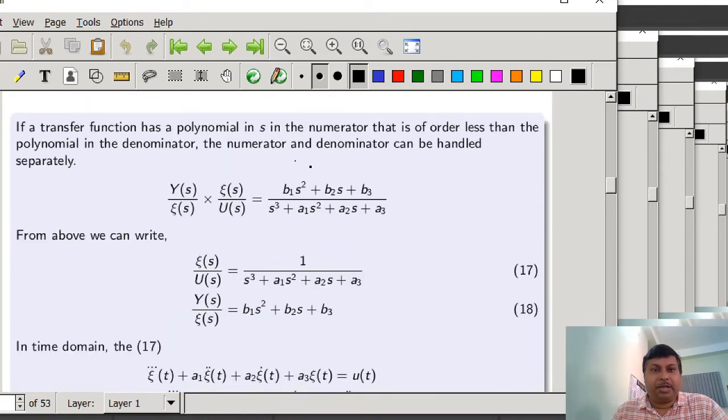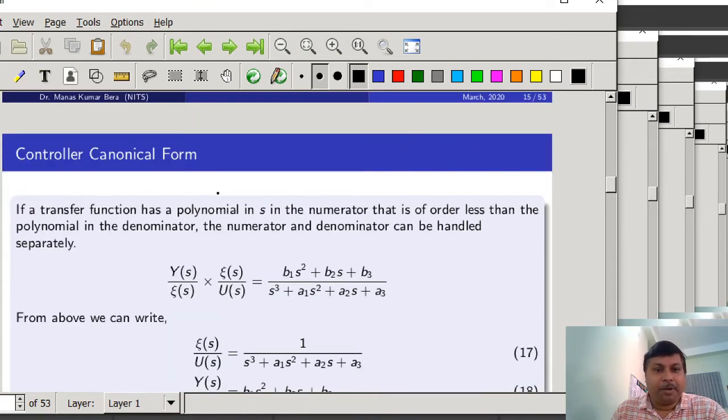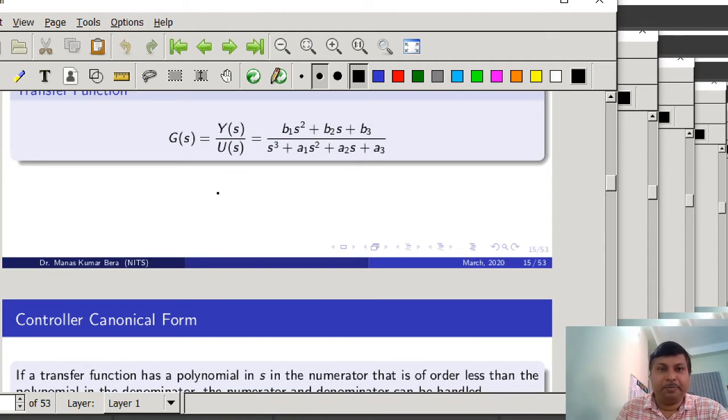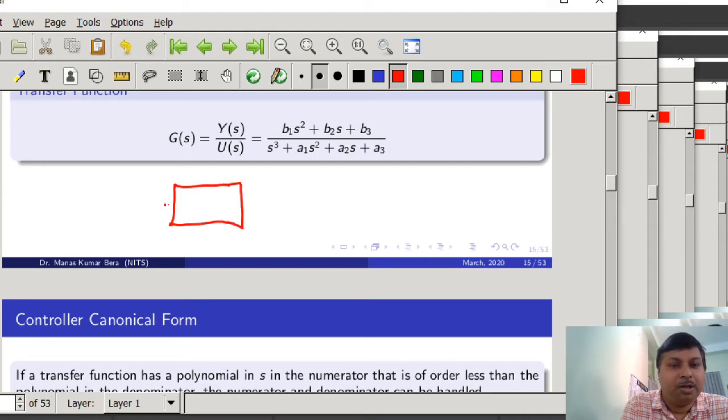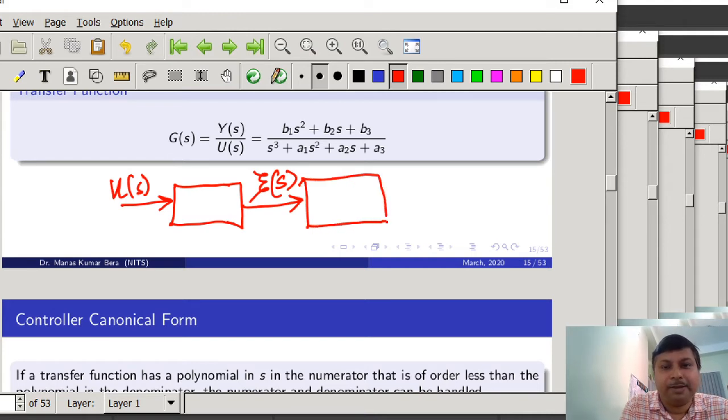In the block diagram I drew, G(s) = Y(s)/U(s) should be written with a block whose input is U(s), then an intermediate variable zeta of s, and then another block that gives Y(s).